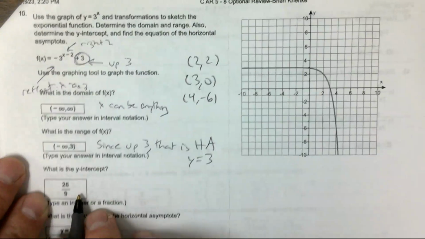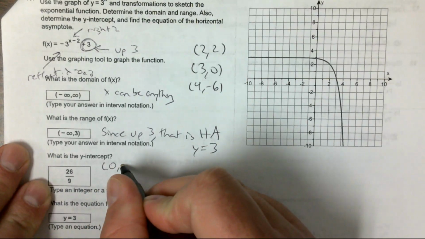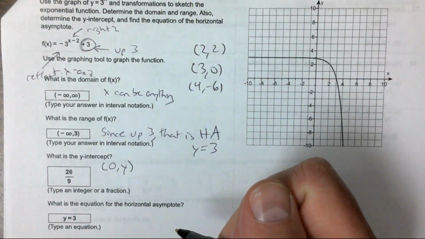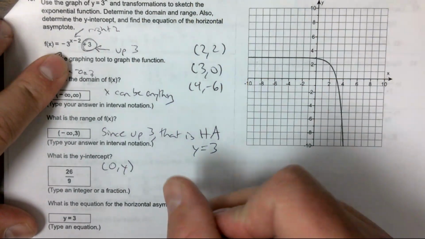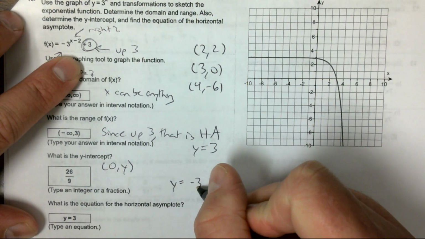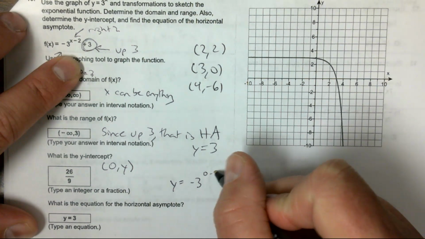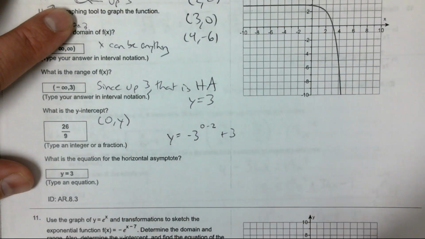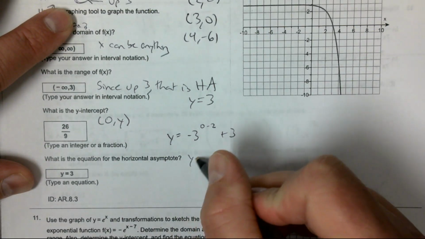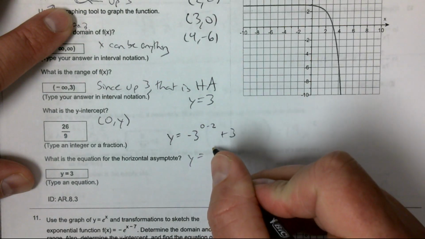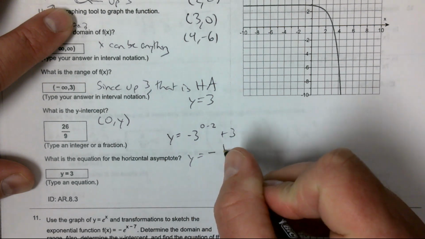For your y-intercept, remember it's 0, comma a number. And so we'd have to work it all out. So basically we go y = -3 to the 0 minus 2, plus 3. So this is y = -3 to the -2 power, which is the same as saying -1/3 squared.